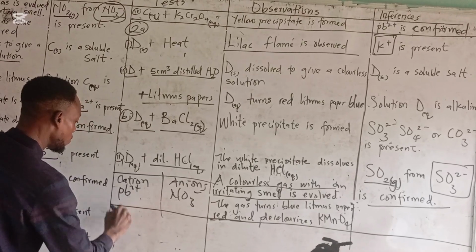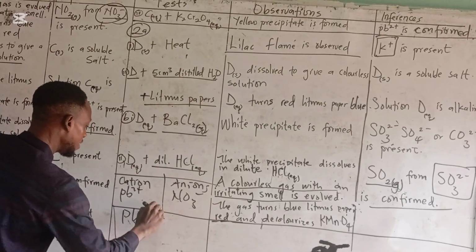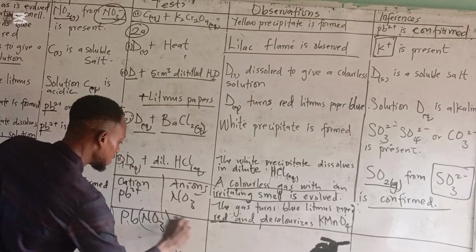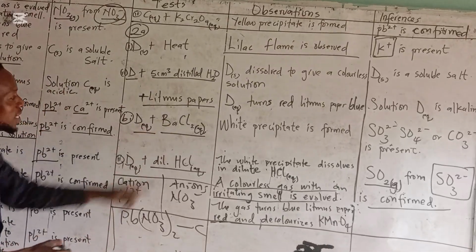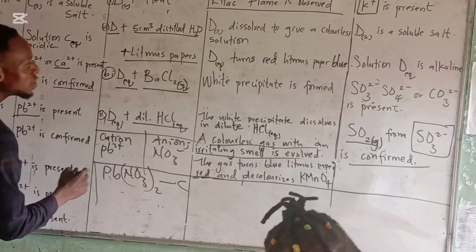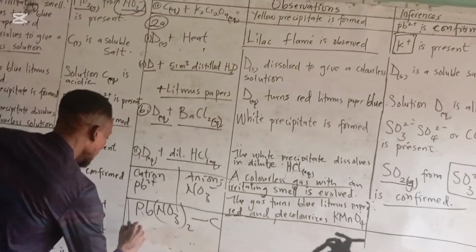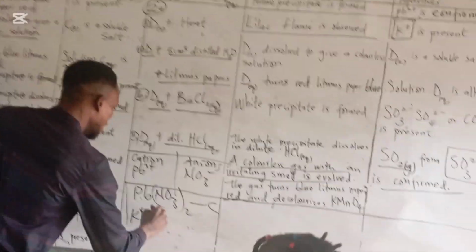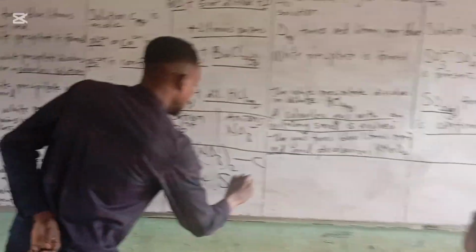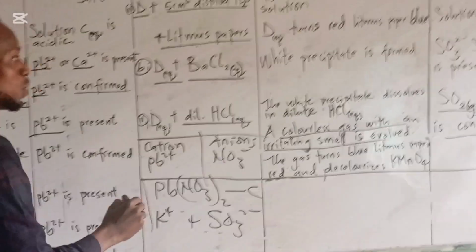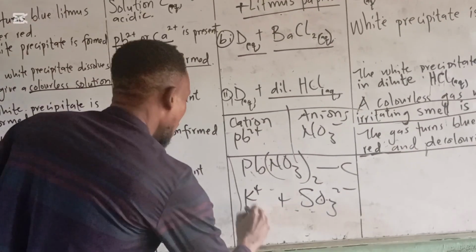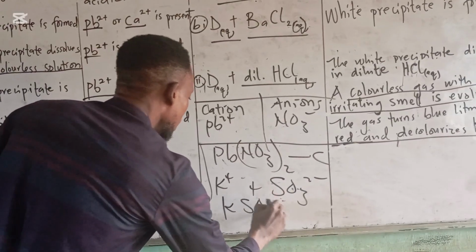This shows that we have lead nitrate as our sample C. For our sample D, we have our cation to be potassium ion and our anion to be SO3 2 minus. So what is going to be our possible salt? We have potassium sulfite.